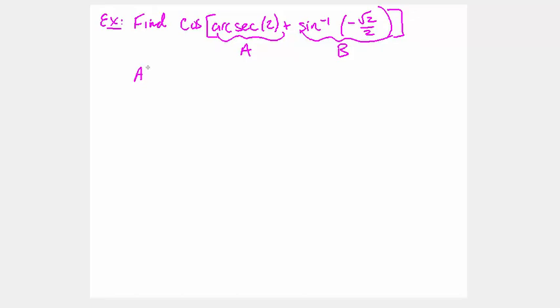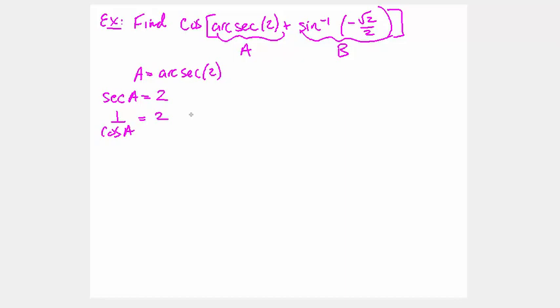First of all, if A is this arcsecant of 2, we can do a little bit of work to find A here by, first of all, taking the secant of both sides. This would give us that the secant of A is equal to 2, and the secant of A, of course, is really 1 over the cosine of A, so that must be 2.